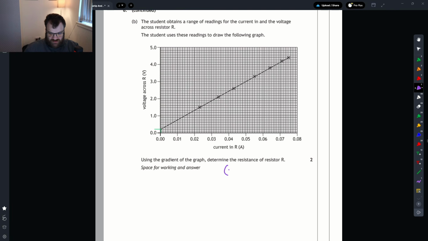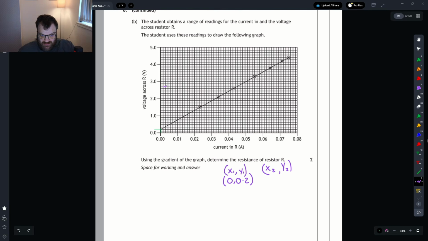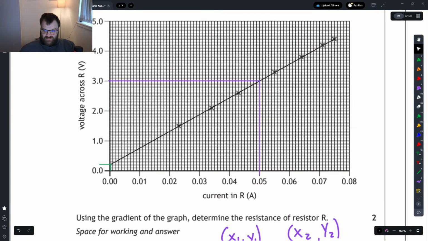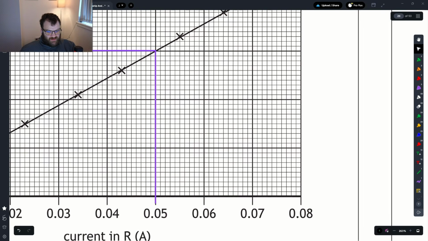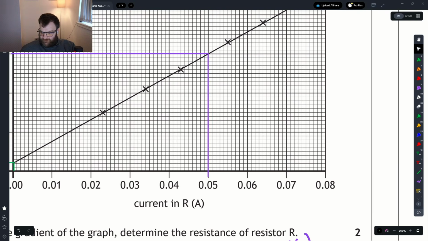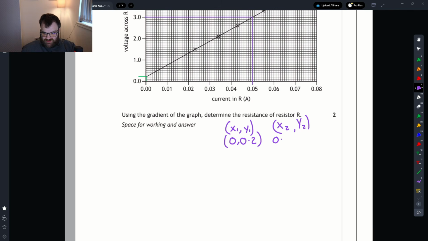So our first point, x1, y1, would be 0 across and 0.2 up. And then x2, y2 would be, let's go maybe here, pretty well bang on 0.05 across, and then 3.0 on the y-axis.